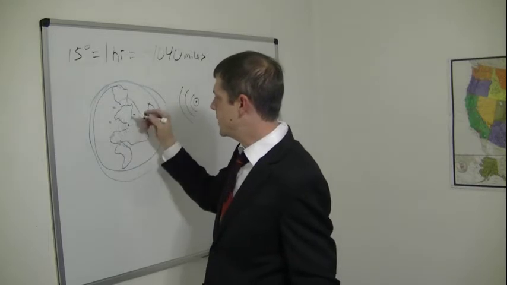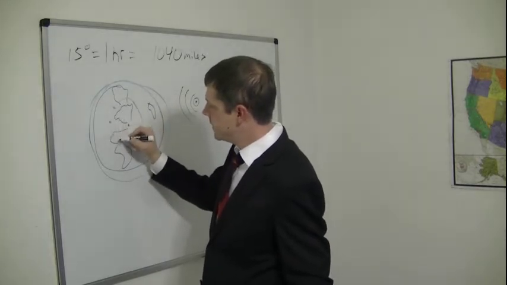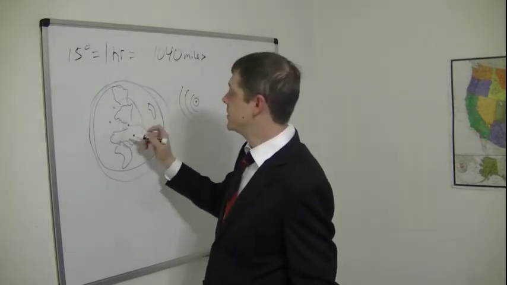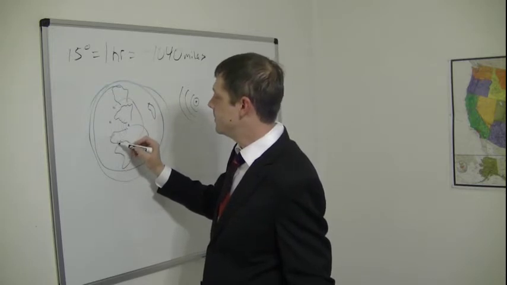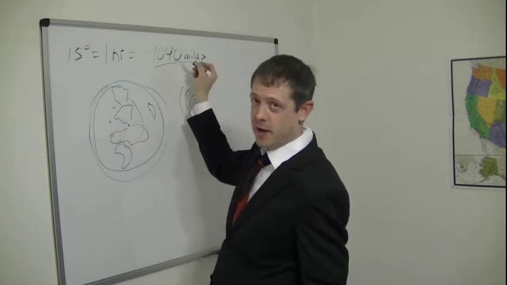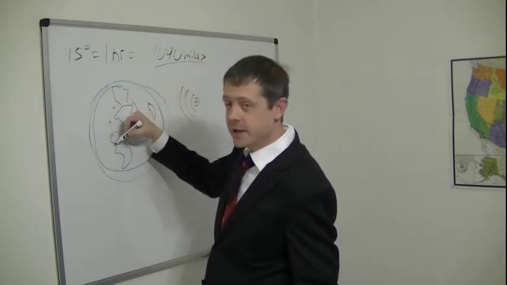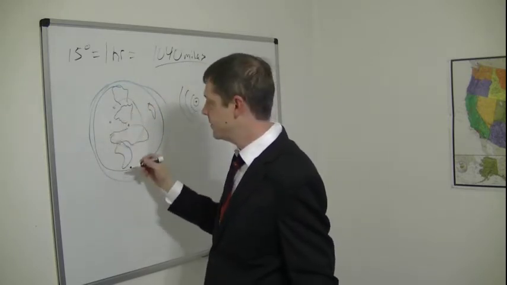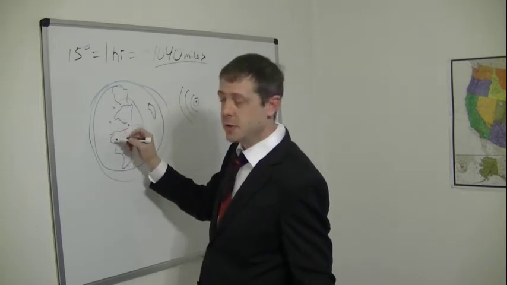Once you get to the equator, whether you're looking at the stars or the sun, this 15 degrees that represents 1,040 miles never gets bigger. It starts getting smaller. So you could measure this with the sun.